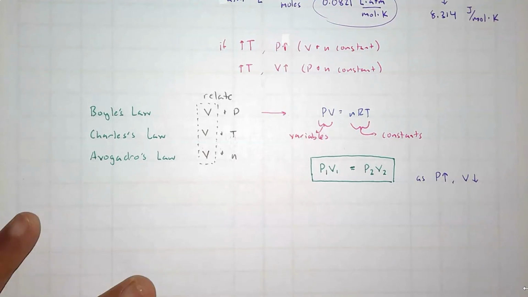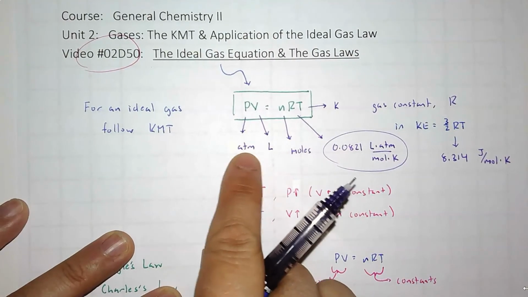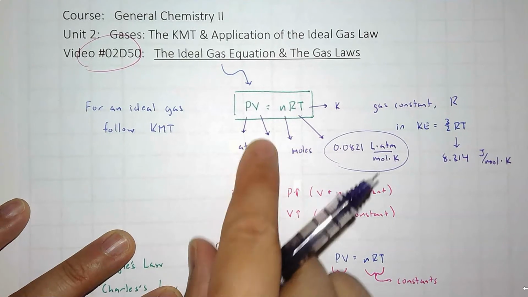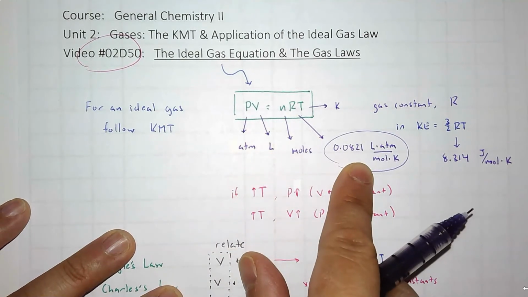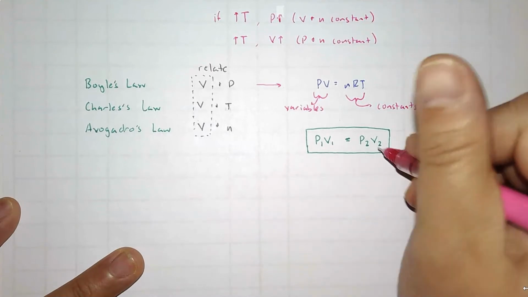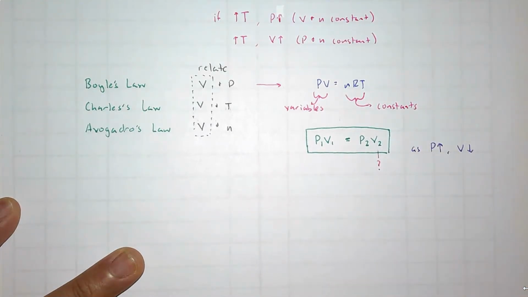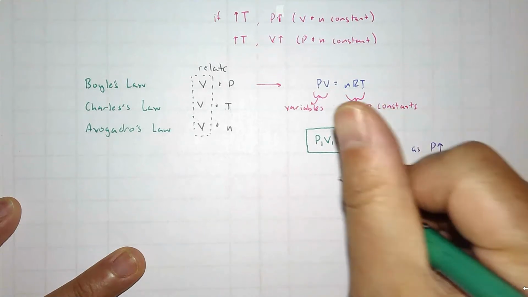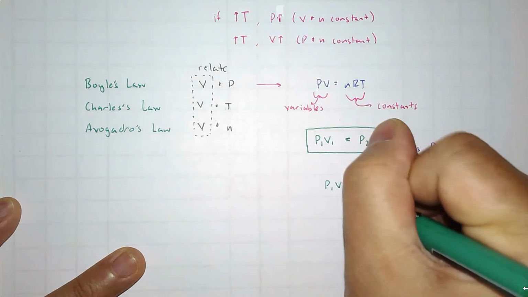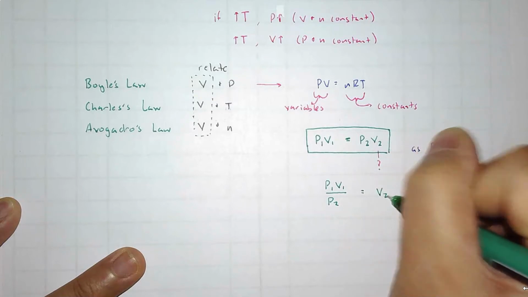Now, a hint. I know that for PV = nRT, we need pressure in atmospheres and volume in liters to be able to use this R constant. But let's say volume 2 is the one that's unknown. When you solve for volume 2, you get P1 V1 over P2 equals V2.